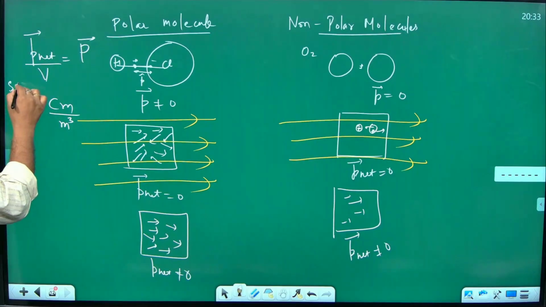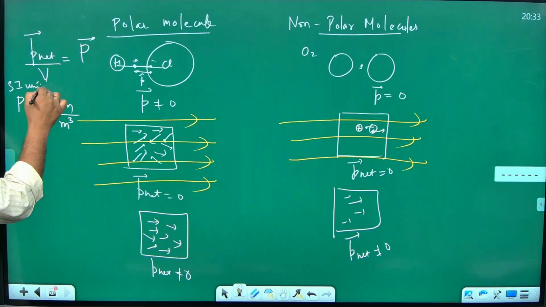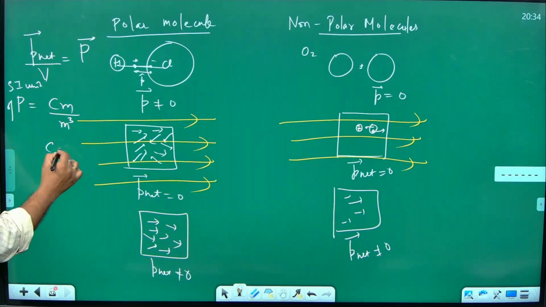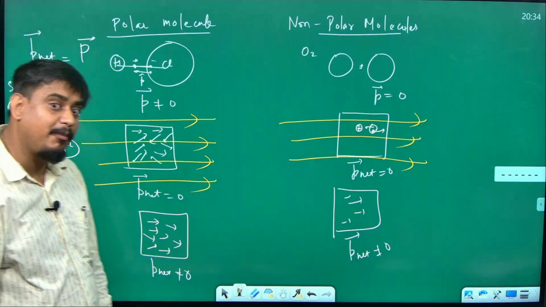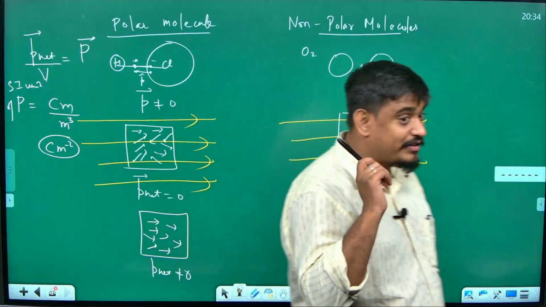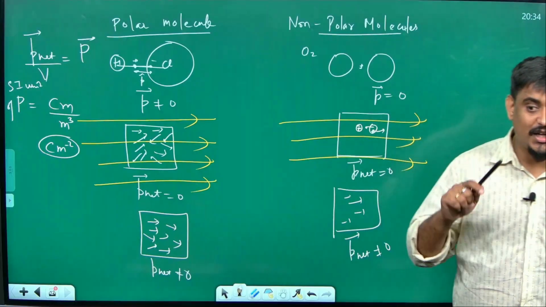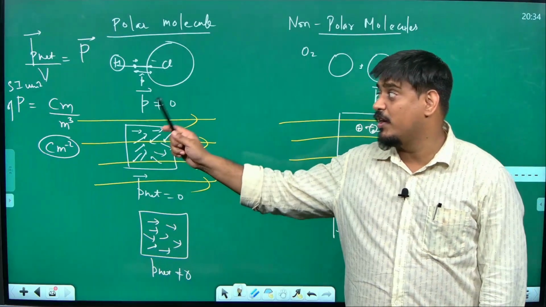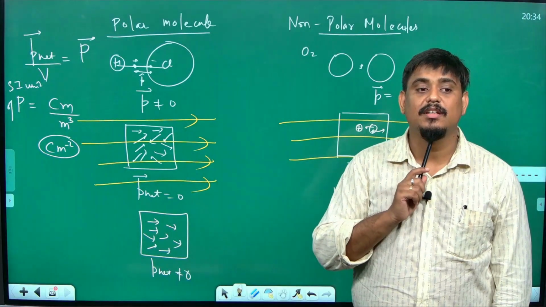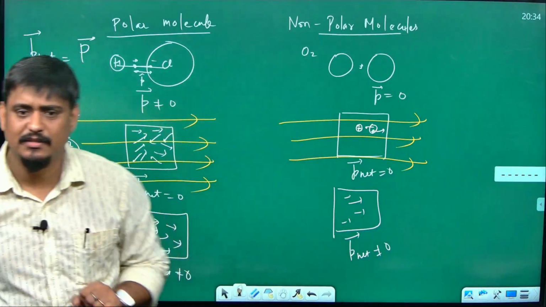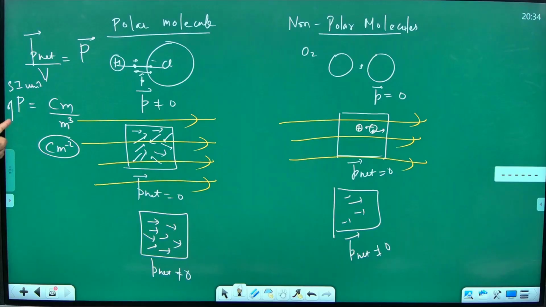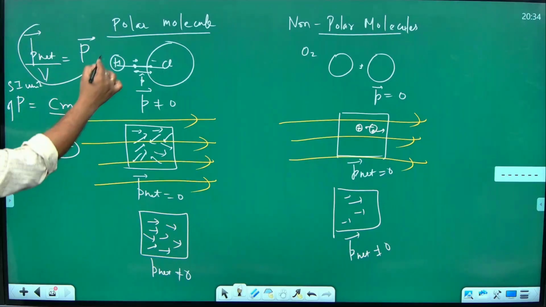So the SI unit of polarization will become Coulomb per meter square. Which other quantity has same unit? This question came in the board exam. Surface charge density, sigma, Q by A, charge by area, isn't it? So sigma has same unit as polarization. So polarization is equal to net dipole moment per unit volume.